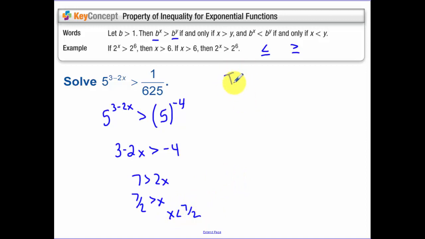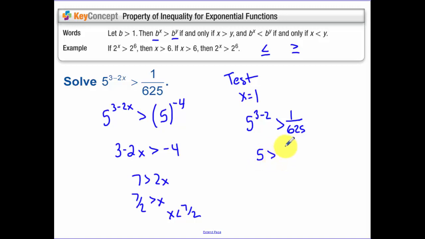Now do a test. Test a point that's less than 7 halves. 1 is less than 7 halves. So when I plug 1 into this inequality, make sure you have a true inequality. So 5 to the 3 minus 2, so 5.